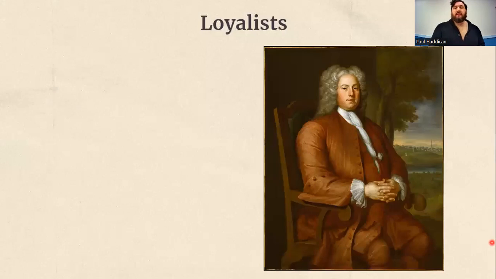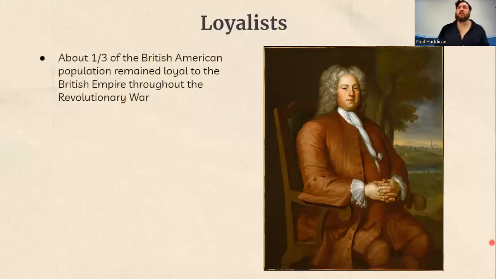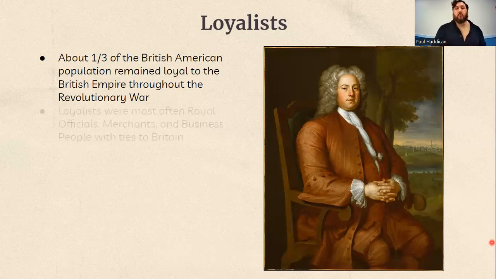So when we think about Loyalists, we think about them as being the enemy, the bad guy, right? They're siding with England. About 1/3 of the British American population, so about 1/3 of the people living in the colonies, remain loyal to the British Empire throughout the entirety of the Revolutionary War.